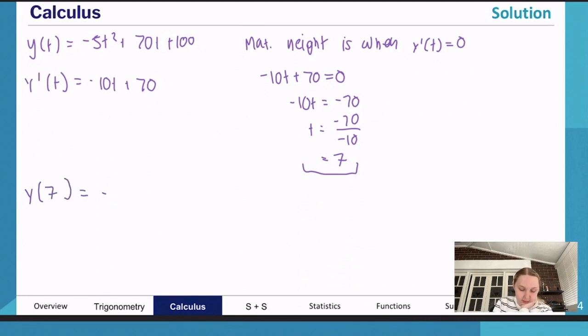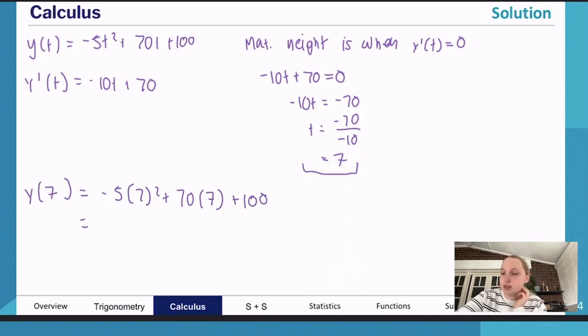So that's going to give us minus 5 times 7 squared plus 70 times 7 plus 100, which I'm just going to use a calculator quickly to do. If everybody wants to give this a go on their calculator too, they can. Okay, which is going to give us 345 meters is the max height.